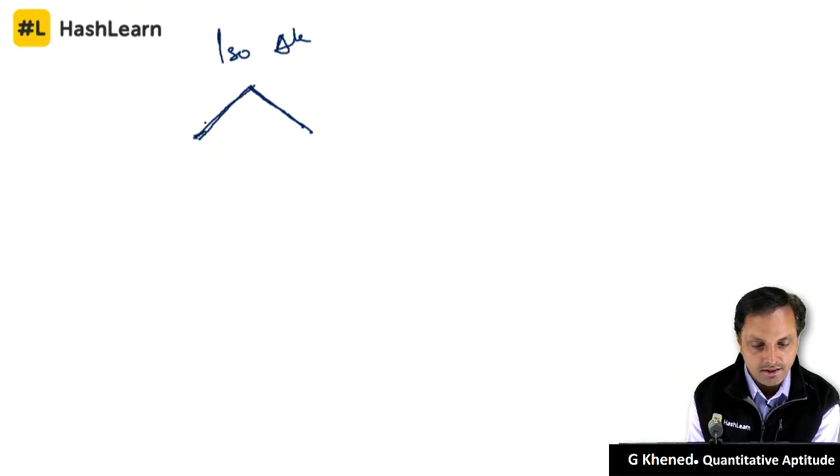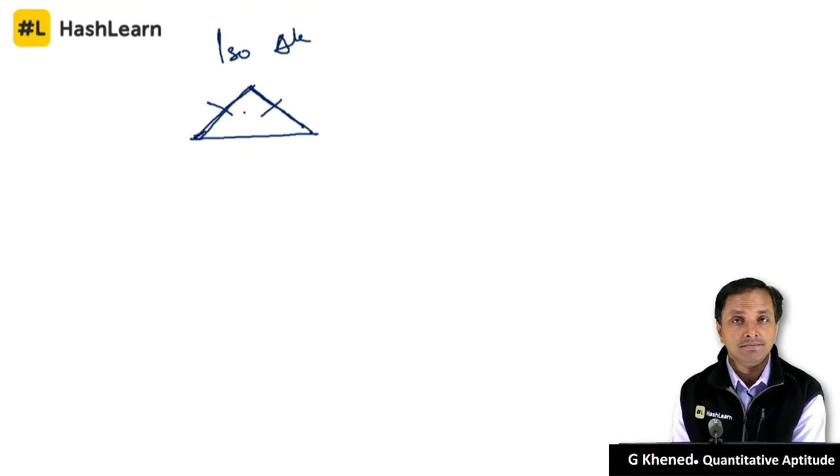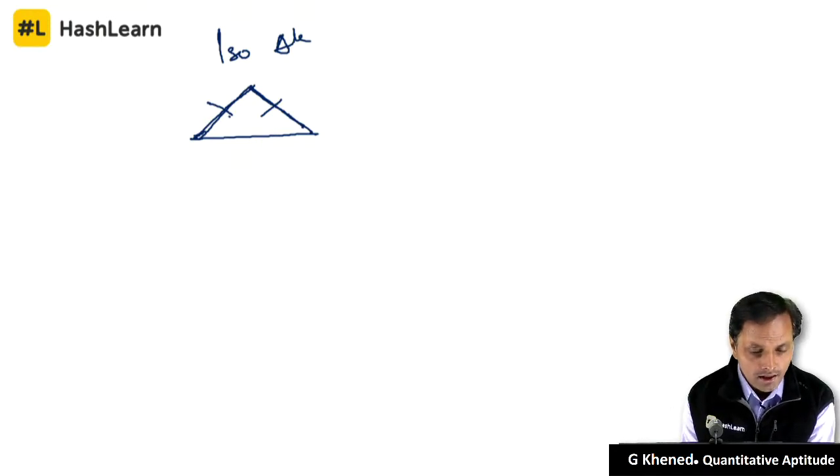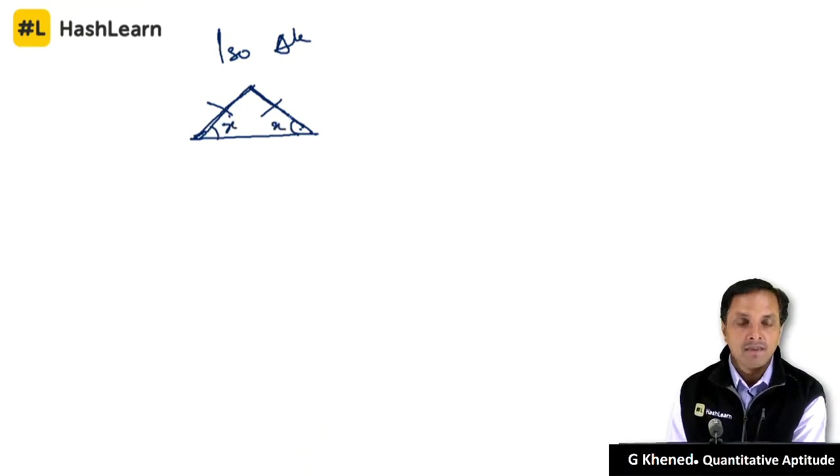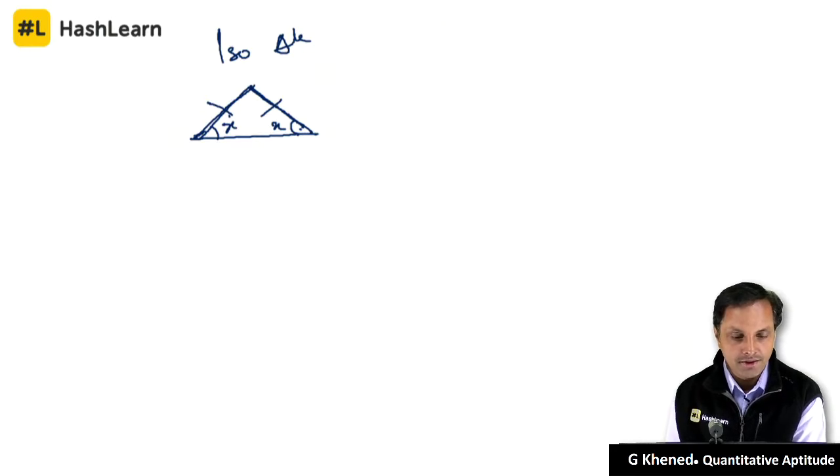An isosceles triangle is the one where two sides are equal, this side and this side are equal, which means the angle opposite to the side, this is x, this also will be x. The angles opposite the equal sides of an isosceles triangle are equal. So that is the concept of isosceles triangle.